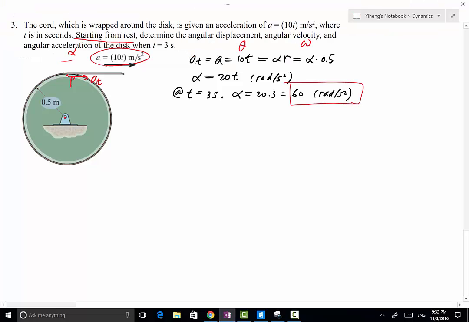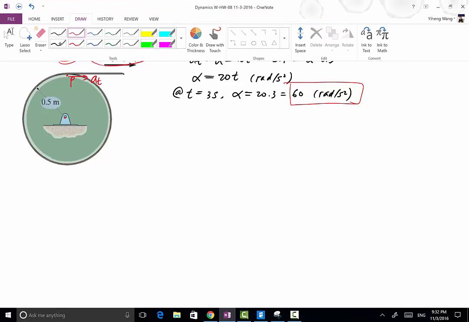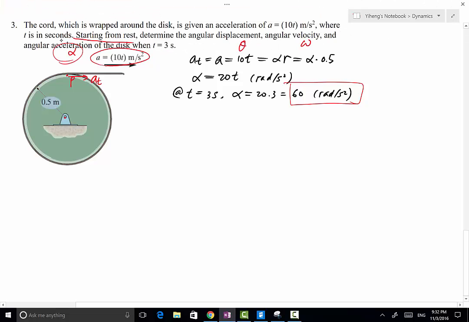Actually, it is the third part, this one right here. So we got the angular acceleration. Remember, we do have the three basic kinematic equations between theta, omega, alpha as well. Therefore, alpha equals d omega dt, which means that we can find omega by integrating alpha with respect to dt.